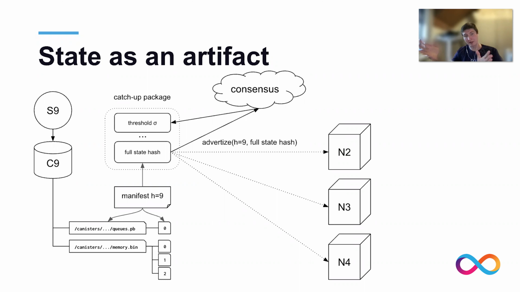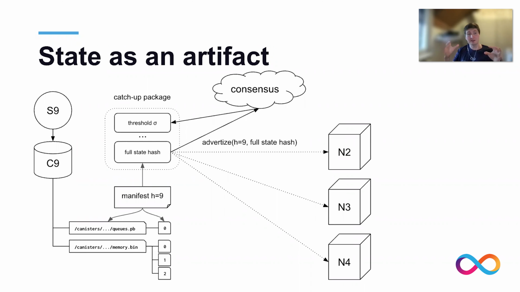So what we have is a set of files, and the replica divides those files into chunks, pieces of relatively small size. Because, for example, memory can be huge, multiple gigabytes of data. So it divides those files into small chunks.